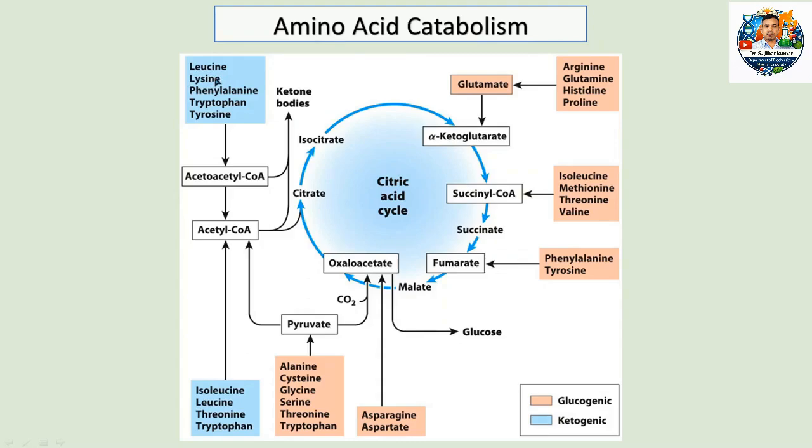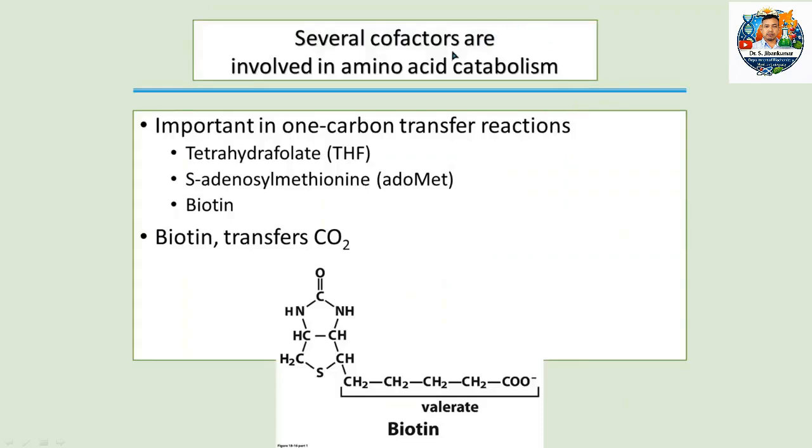So further, before going into the details of the catabolism of each of these amino acids, let's see some of the cofactors which are involved in amino acid catabolism. As we know, cofactors or coenzymes are very important in many of the enzyme catalyzed reactions. They help the enzymes in carrying out their particular function.